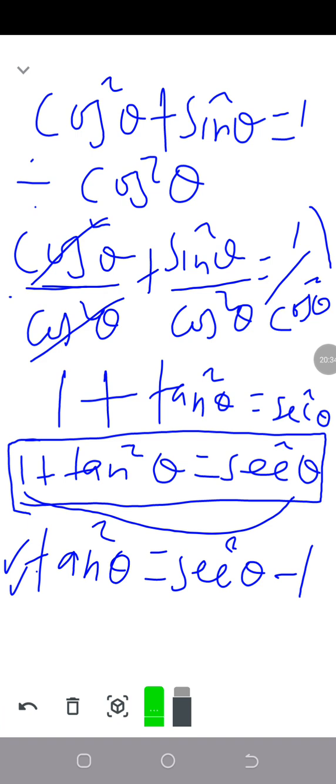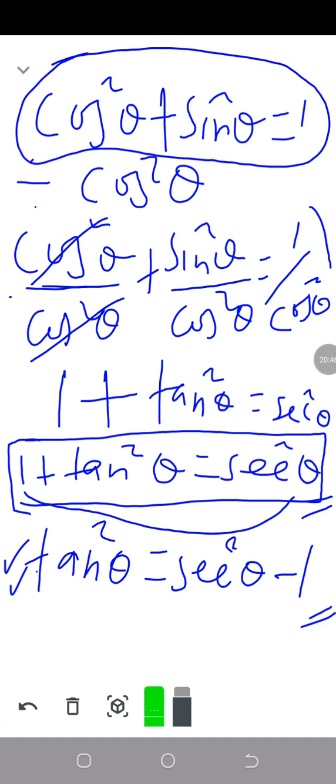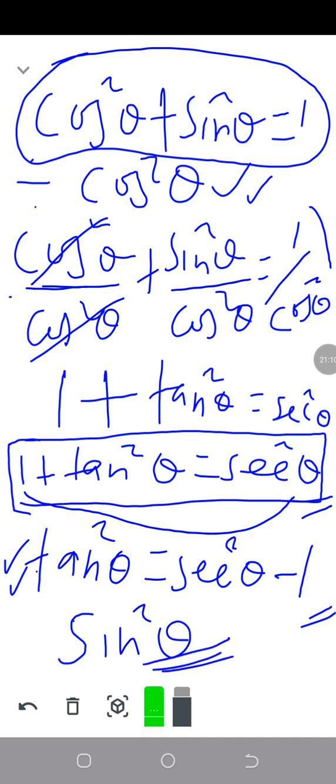Now, all these two identities here and this one, we have got them by dividing our first trigonometric identity by cos squared theta. Right now, we want to go back and obtain some identity when we divide the first trigonometric identity by sine squared theta, and we see the results.